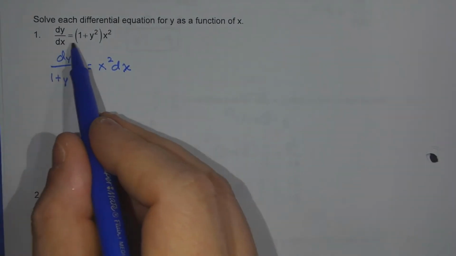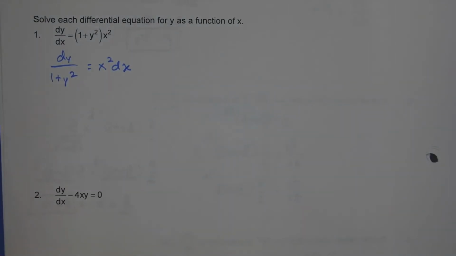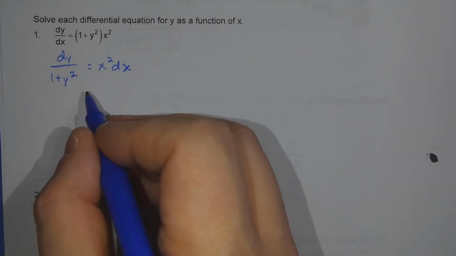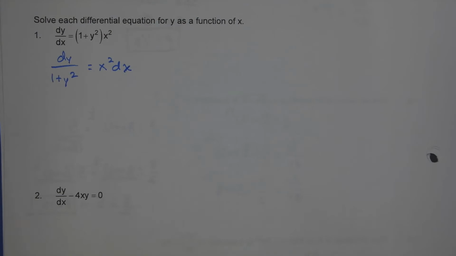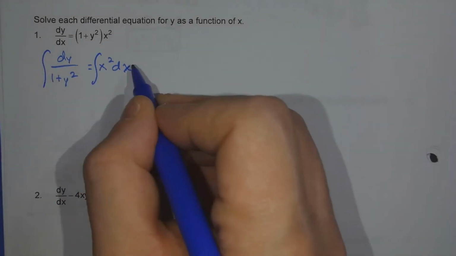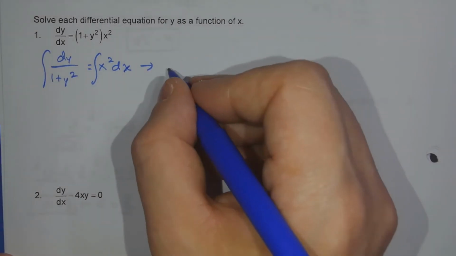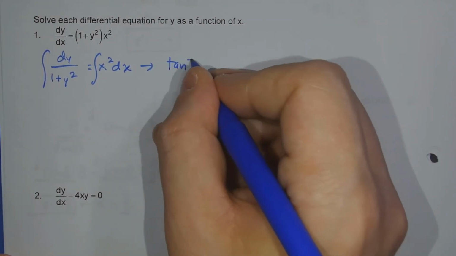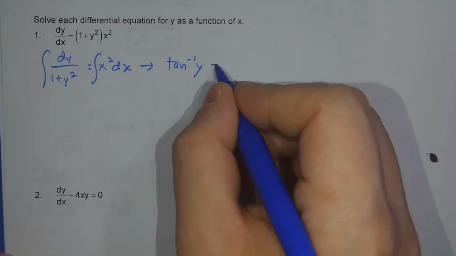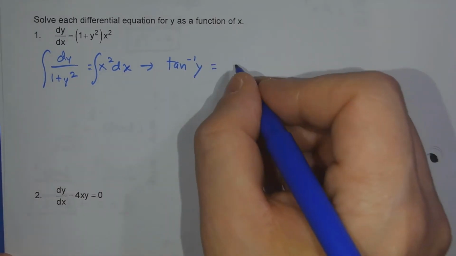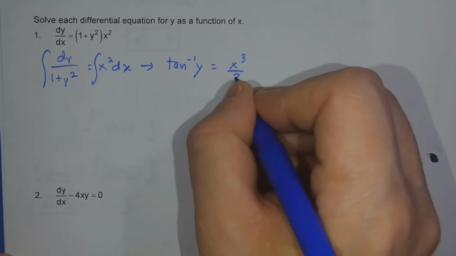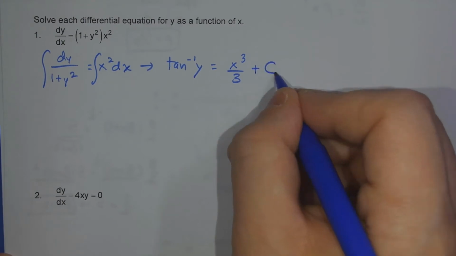So in other words, I'm moving the dx over to that side, and I'm dividing by the 1 plus y squared. Okay, after doing that, we can then integrate both sides. The antiderivative of 1 over 1 plus y squared with respect to y would be arctan of y, and the antiderivative of x squared would be x cubed over 3 plus a constant.